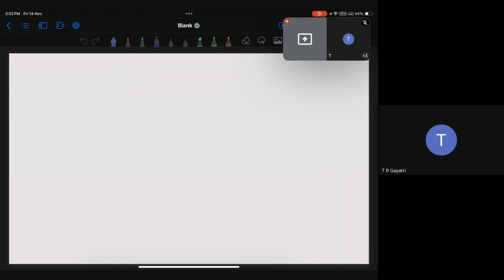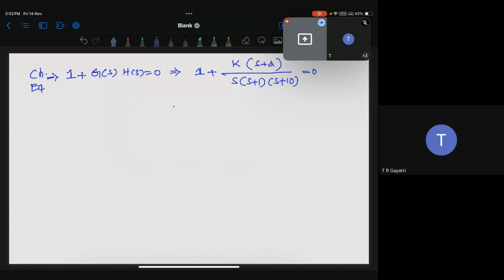The same thing you can check using our RH criteria also. 1 plus G(s)H(s) equal to 0. This is the characteristic equation. You remember this? So in this case, K multiplied by (s plus 2), this is open loop, over s(s plus 1)(s plus 10), equal to 0.